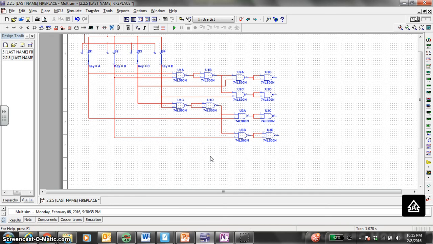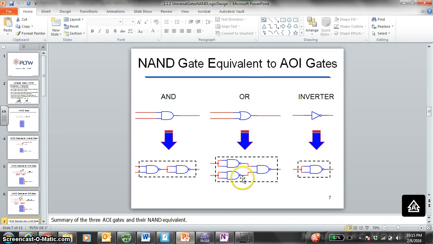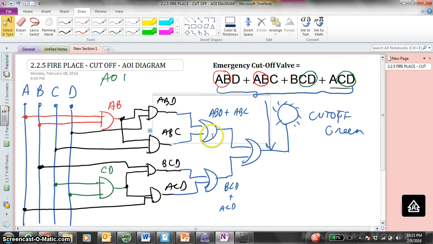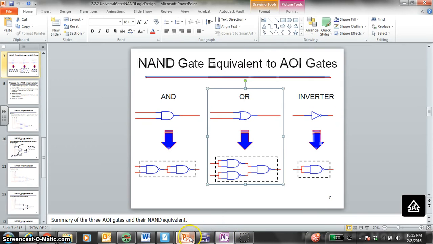Okay. So now we need the OR equivalent of NAND gates, or the two items you want to OR get split into two NANDs that get combined into a third NAND. So hopefully you remember this equivalent of an OR. We're converting these ORs into 3 NAND gates per the equivalent.